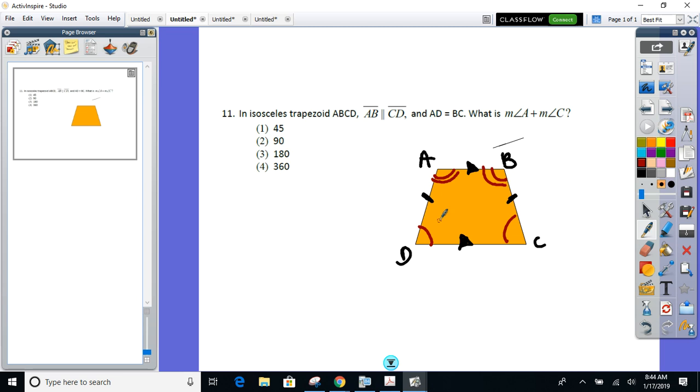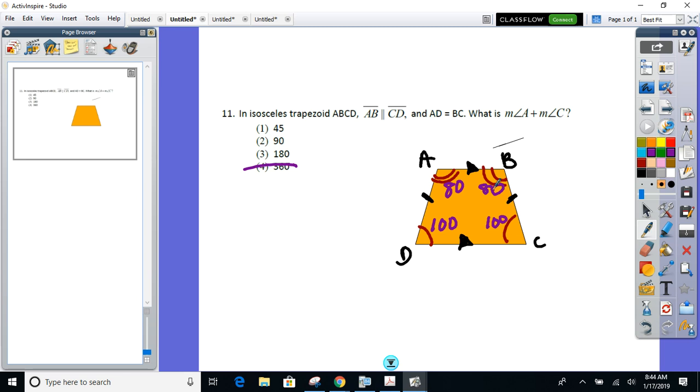I'm just going to pick a number, 100 and 100. How much is left for the other two? First of all, how many degrees in this whole figure? 360. So how much is left if I have 200? 160 divided up evenly would be 80 and 80.